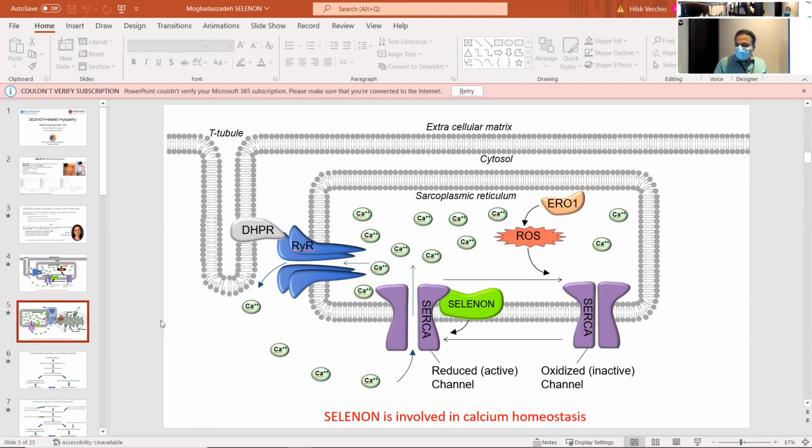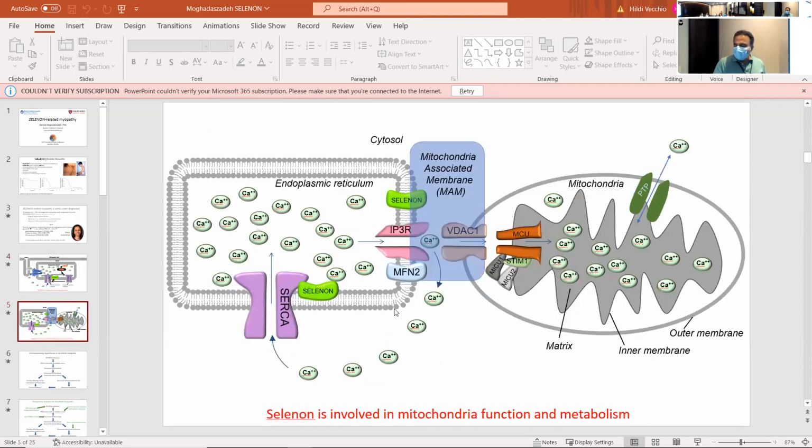The other thing that both Anna and Ester were just talking about is the energy aspect in the cell. The mitochondria are the powerhouse in the cells. They produce a molecule called ATP that's used for all the energy needs of the cell. To produce the energy, mitochondria need to come close to the reticulum and get some calcium pumped in.